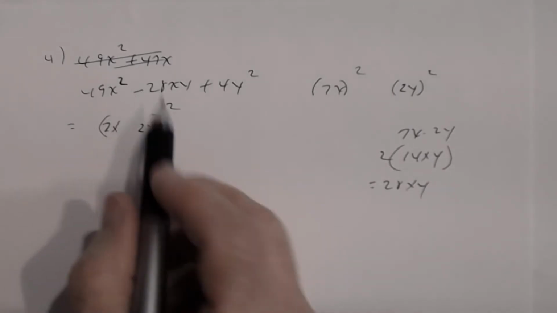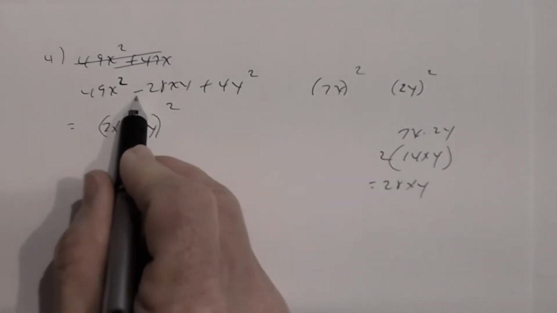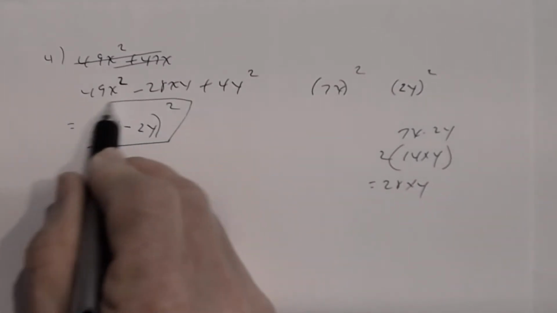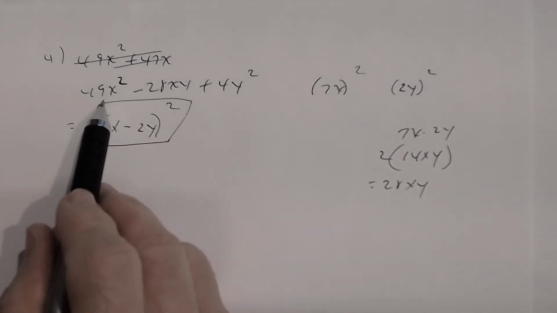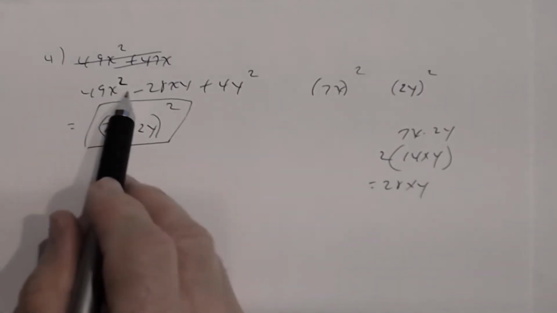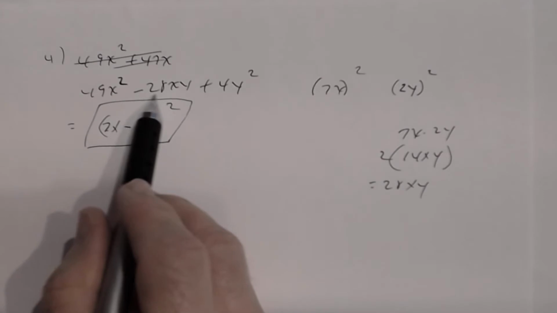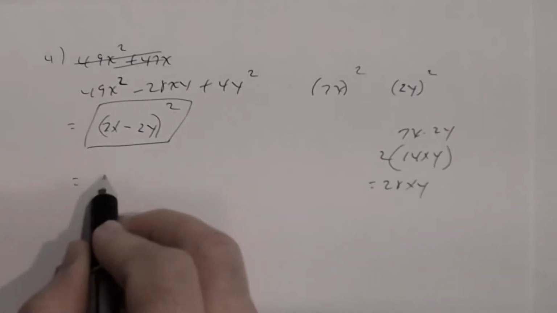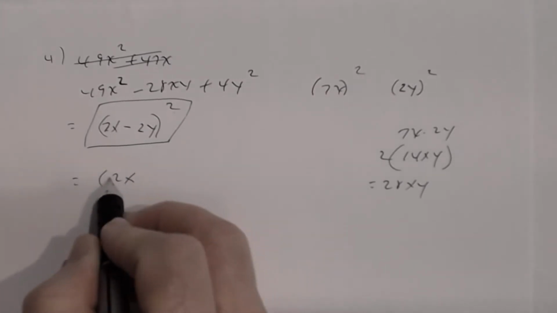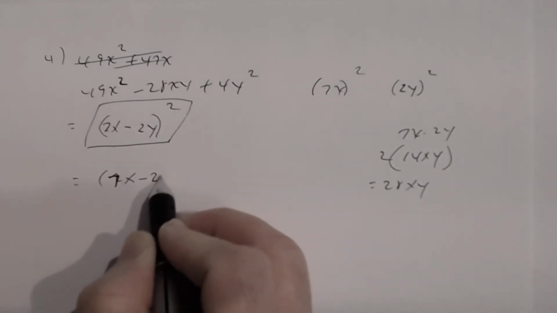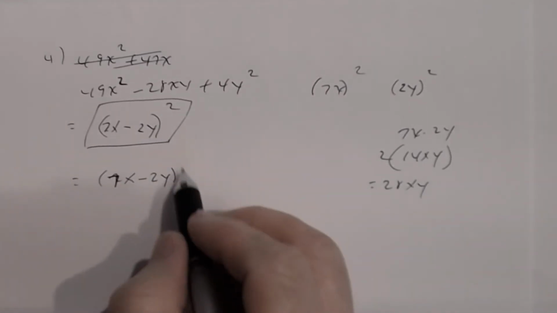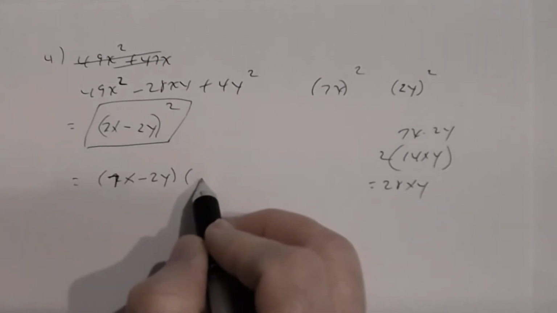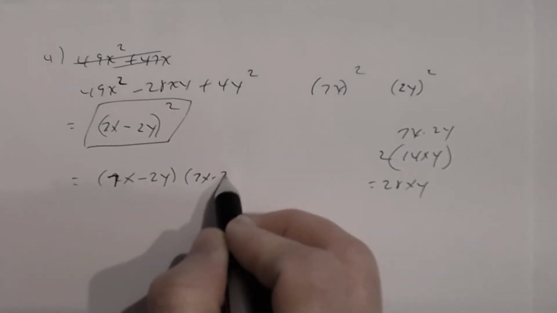And all I need is that sign, this sign here, to be this sign here. And there's your answer. So 49x squared minus 28xy plus 4y squared, I can write as 7x minus 2y squared, or I can write as 7x minus 2y times 7x minus 2y.